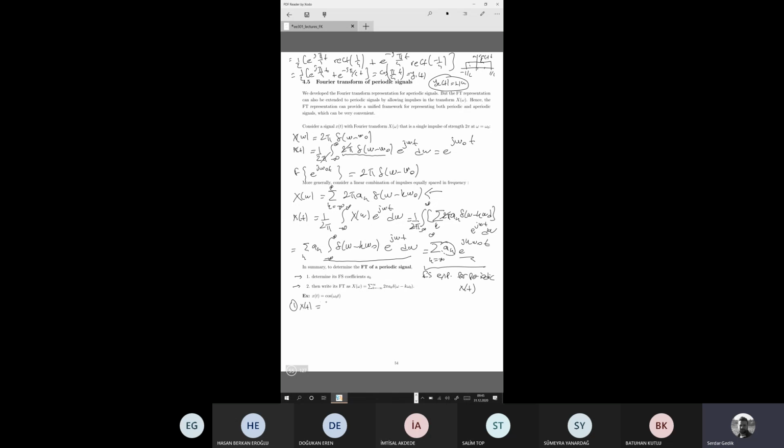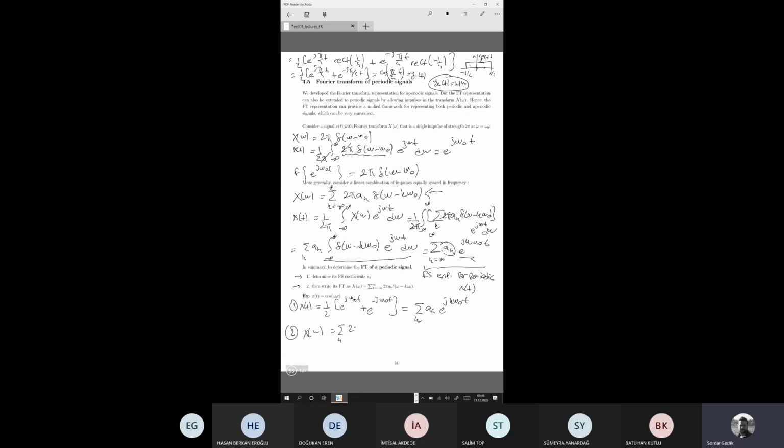x(t) is equal to 1/2 (e^(jω0t) + e^(−jω0t)), and this is my Fourier series expansion, e^(jkω0t). In the second step, I will write X(ω) directly.